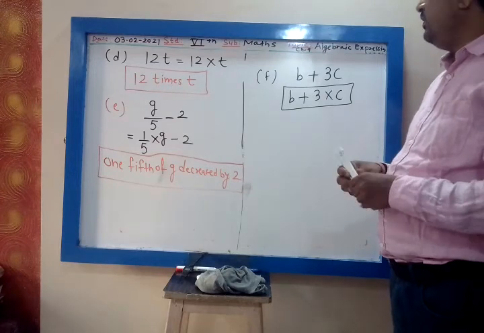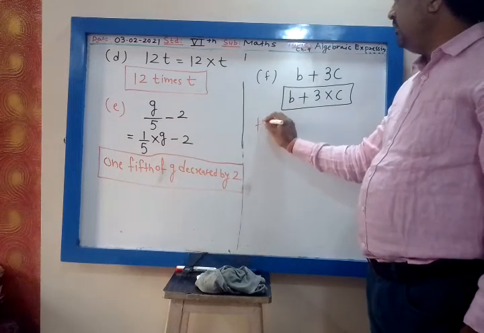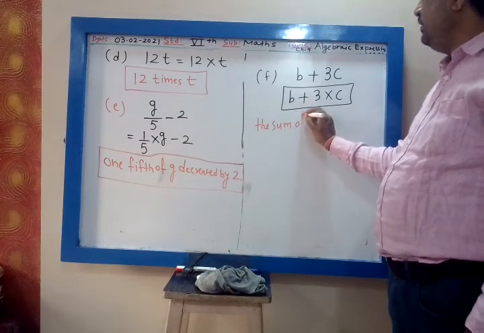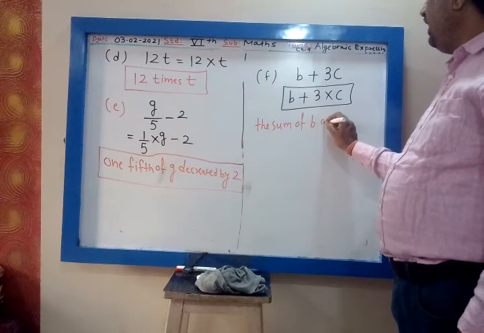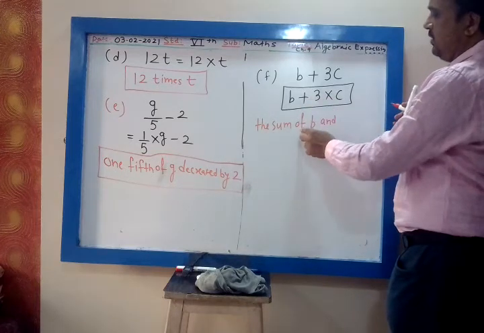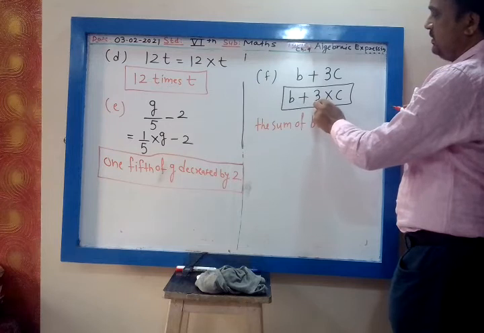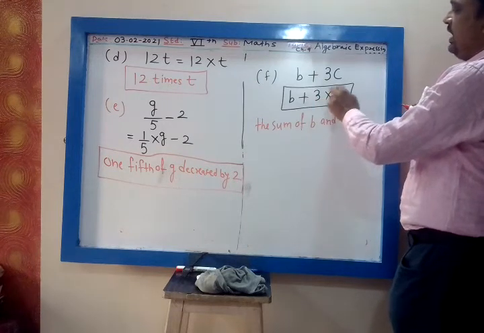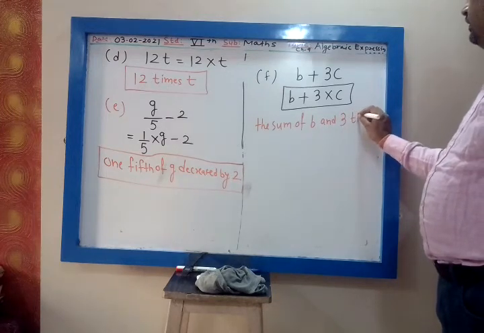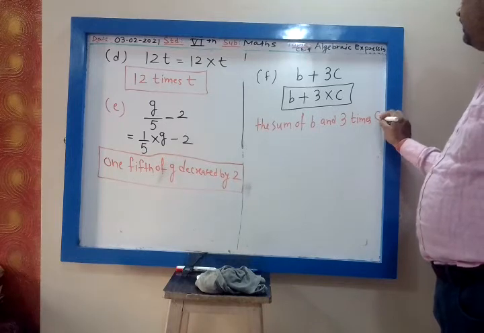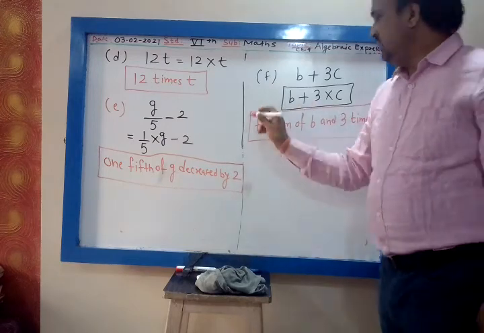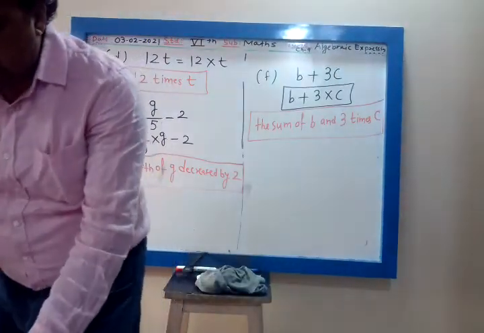So we write, because it is plus, the sum of which two numbers? B and 3 times c. The sum of b and 3 times c.